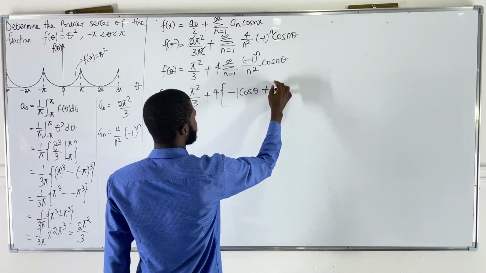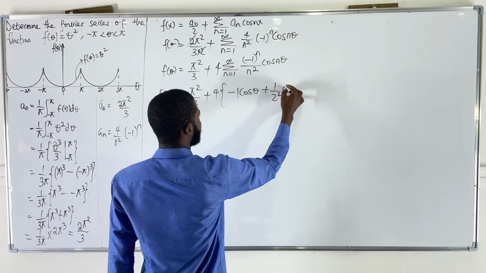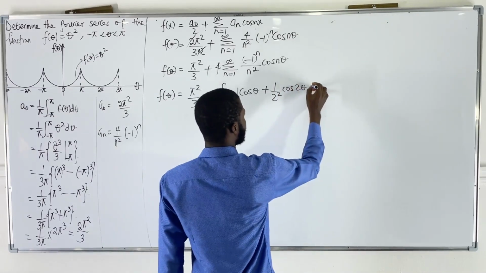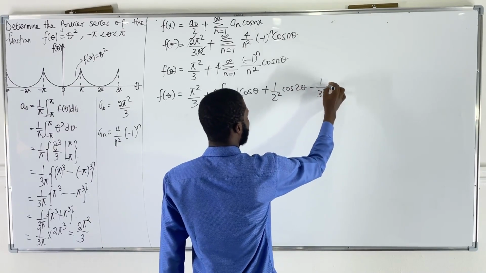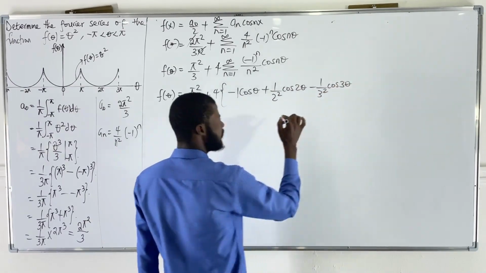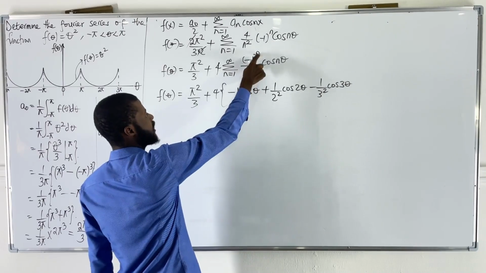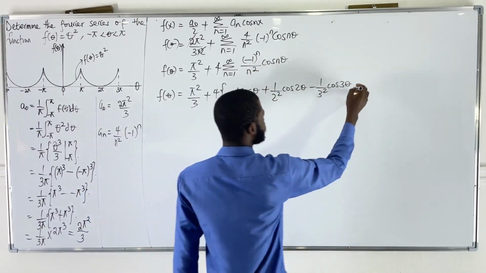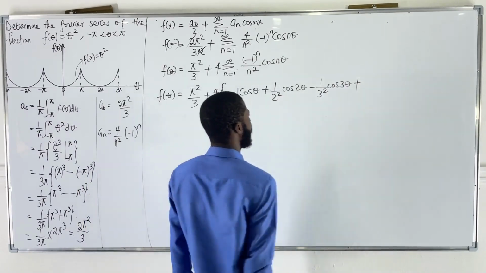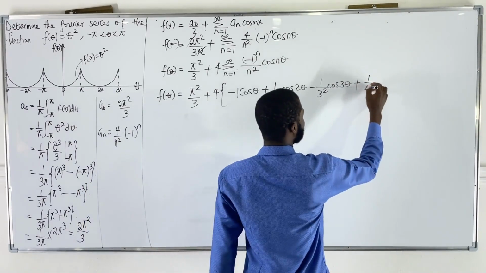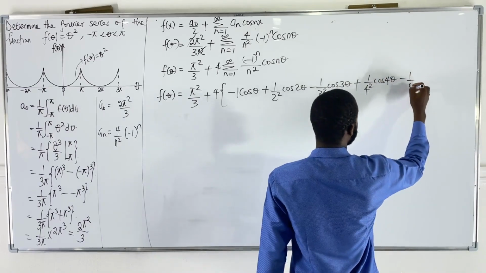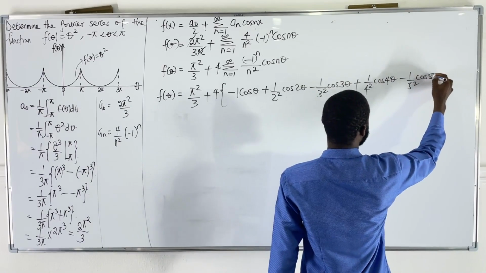So this will be plus 1 over 2 squared cos 2 theta. Next, we're going to have minus 1 over 3 squared cos 3 theta. Because I believe by now you know that if the number is odd, you have negative. If the number is even, you have positive. So next, we have plus 1 over 4 squared cos 4 theta, minus 1 over 5 squared cos 5 theta.